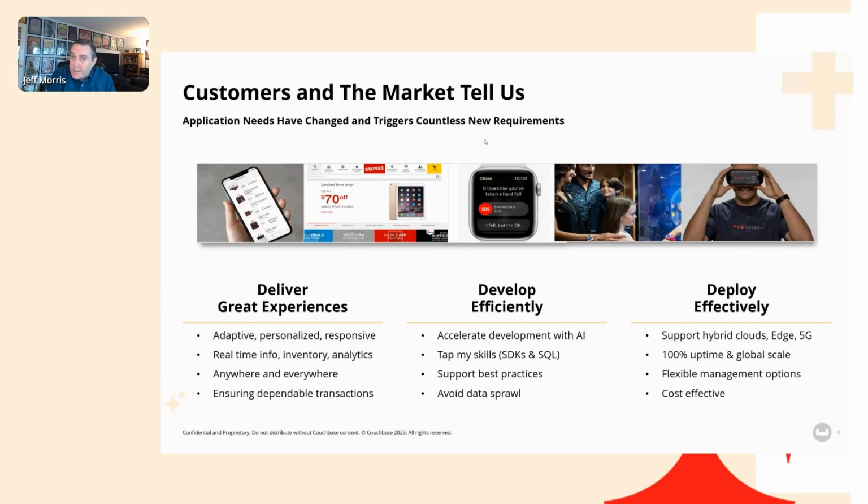For the people building these kinds of applications, what customers tell us is they're looking to expedite and become more efficient in what they're building and how they're building it. So they want to accelerate development activities with generative AI capabilities. They want to tap into everything, their existing knowledge bank, everything that they know, like their SQL programming skills, for example. They want to support microservices-based best practices.